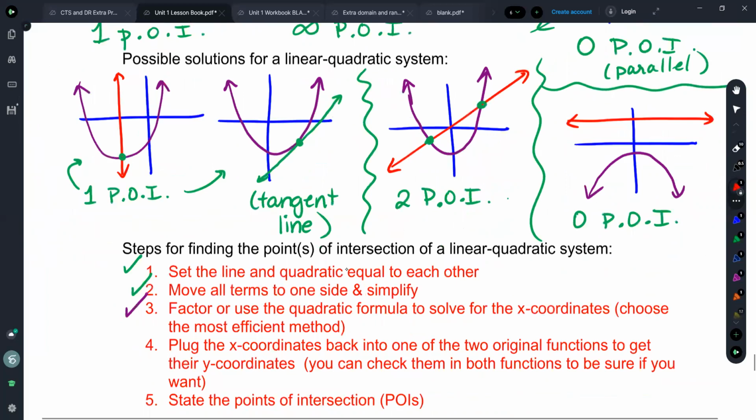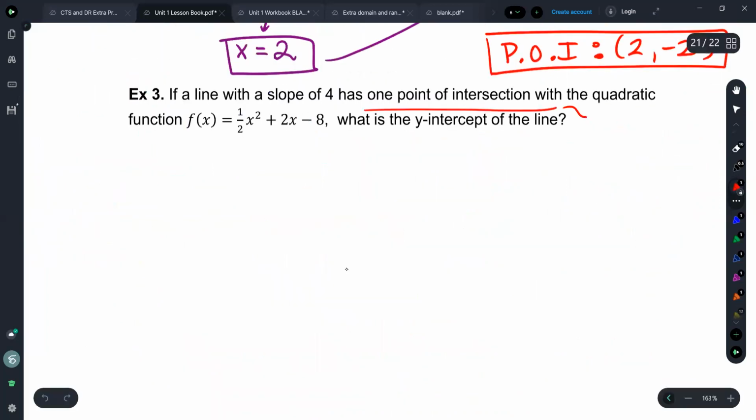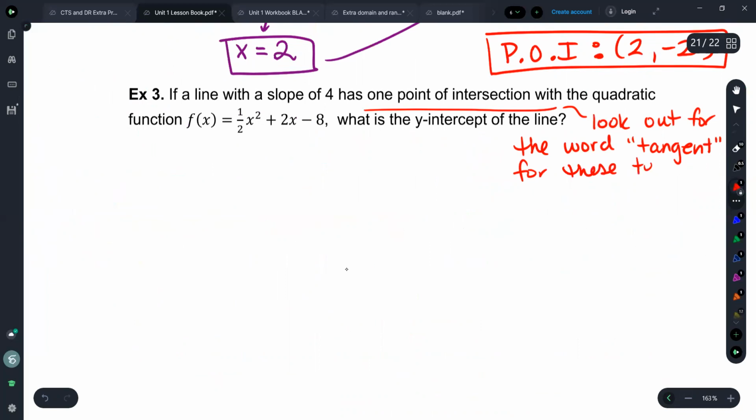Okay, so look out for the word tangent line for these types of questions as well. I'm just going to put that as a note on here. Okay, and if it says tangent, it's the same thing as saying it has one point of intersection.